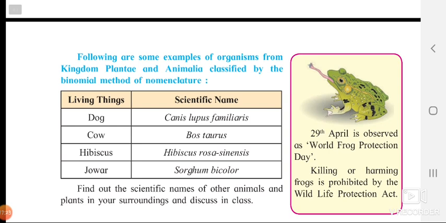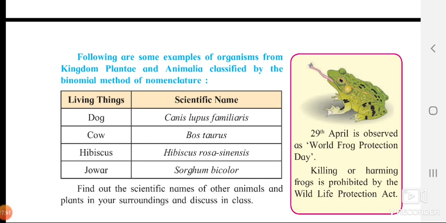Now you can see over here kingdom Plantae and kingdom Animalia classified, and they have given the binomial method of nomenclature. Now dog, what is the dog's scientific name? It is Canis lupus familiaris.